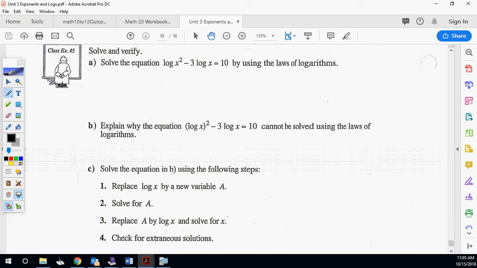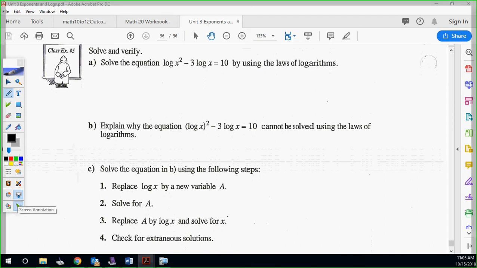Okay, last page. Stay with me. Okay, solve the equation log x squared minus 3 log x equals 10 by using laws of logarithms. So this one, it looks hard, but we're going to push the 3 up. And it's going to get easy pretty quick because we're going to put division here.